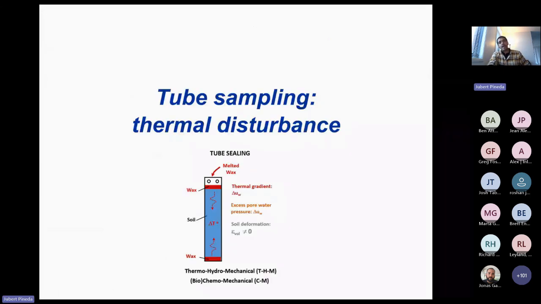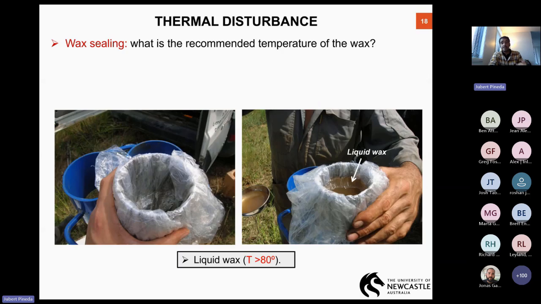Just briefly, what happens after retrieving the soil and sealing the sample? We normally use wax, and we have studied carefully the influence of waxing on sample disturbance. This is a photograph that I took in Spain, but I have seen similar practice in Australia and also in different countries in South America.